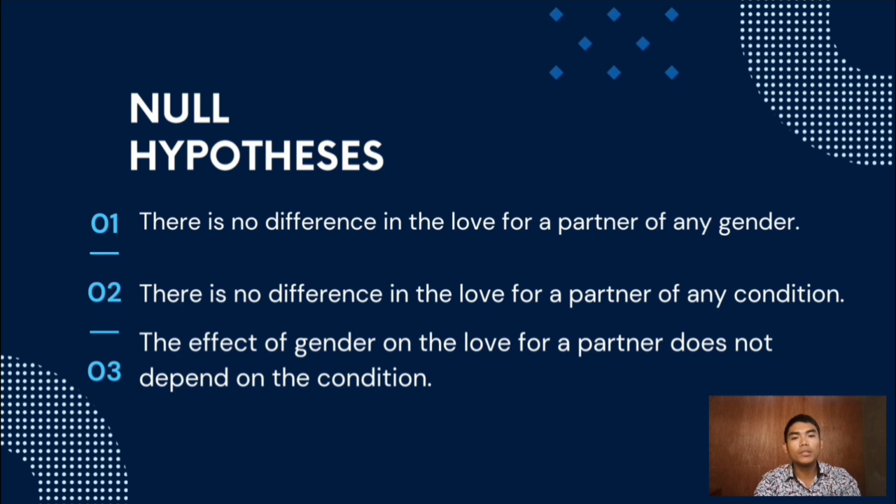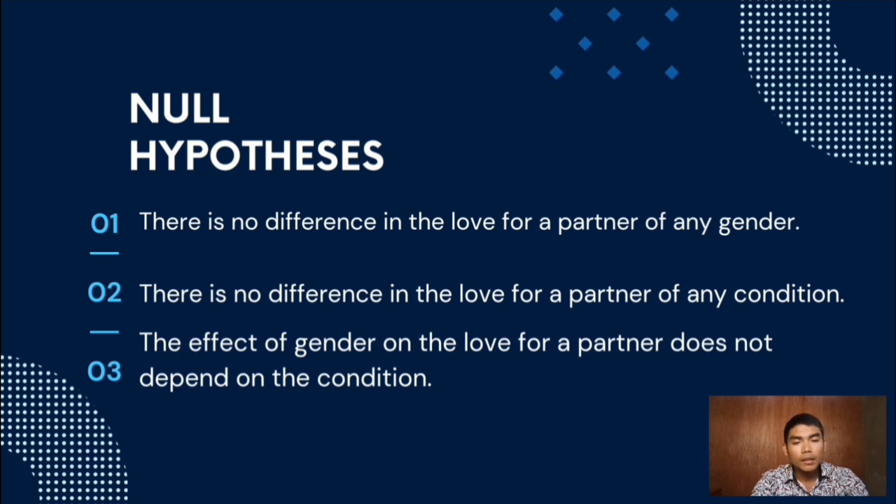So first null hypothesis, which is the main effect number one, there is no difference in the love for a partner of any gender. And the second one, there is no difference in the love for a partner of any condition. So condition here is that after the men and women are done watching the erotic and artistic picture, they're going to rate their love for their partner.